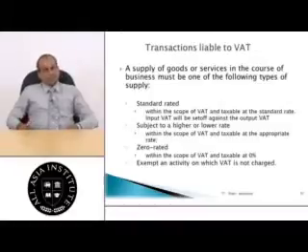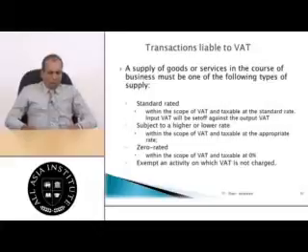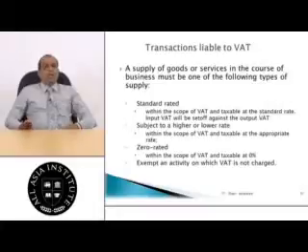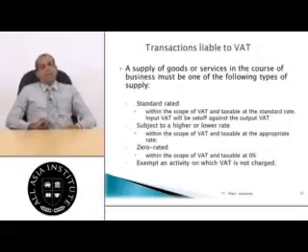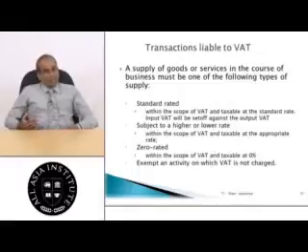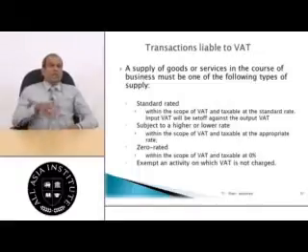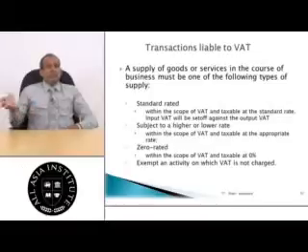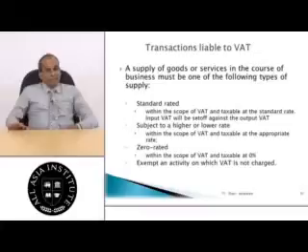Standard rated. Now, how does this work? What is the standard rate? Your examination question will say whether the standard rate is 10%, 15%, 20% or 25%. Right. If an organization is selling a standard rated item, then VAT should be added to the selling price to arrive at the final price.